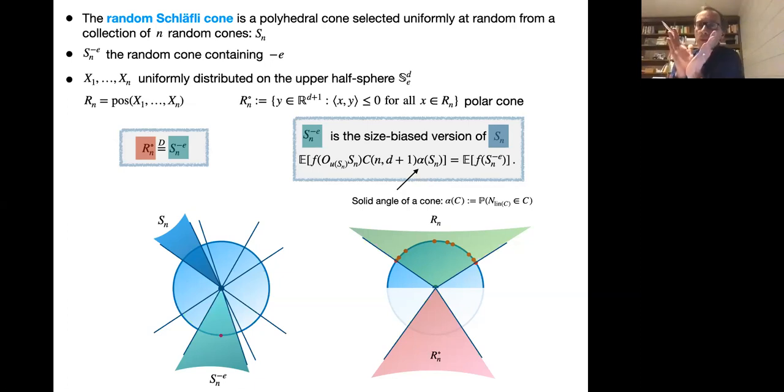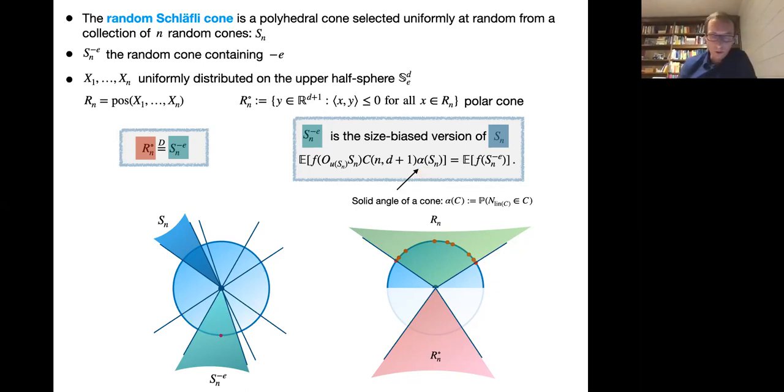So you select proportional to the solid angle. So a cone with a larger solid angle has a higher chance of being selected compared to a cone with a small solid angle. And up to a random rotation, the South Pole cone is exactly a random cone selected according to these weights, weighted according to solid angle.